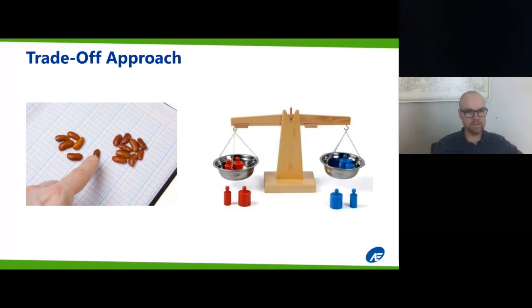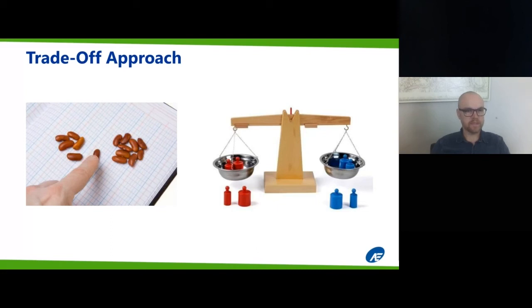So for example, if you increase your window R value by going to like a triple glazed argon filled window, maybe you can reduce your R value in your walls, or you can increase your R value in your roof and reduce your R values somewhere else. You can use the trade-off approach in other areas, but it's a bit cumbersome to do and not really recommended.